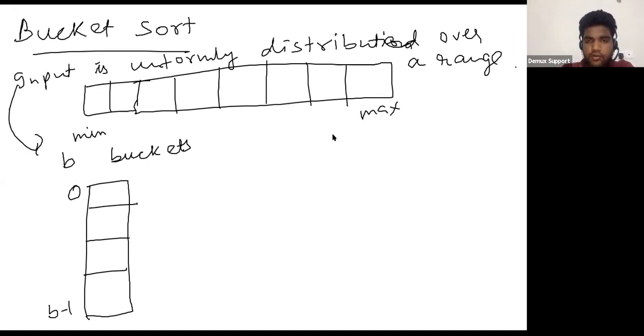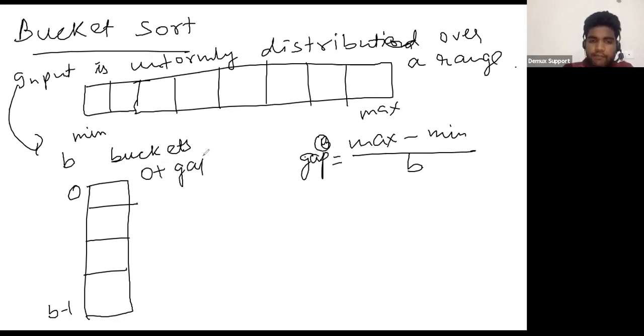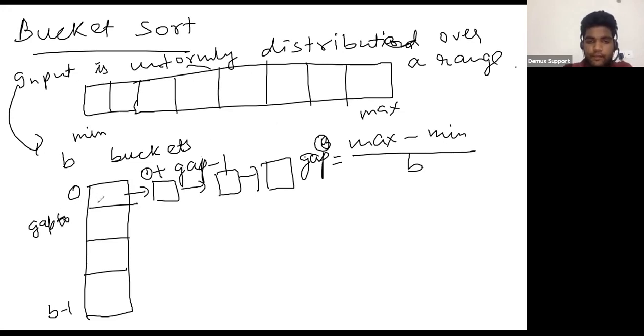Max minus min upon B will give me the gap, the range. So from 0 to gap minus 1, all the numbers will be here. Then again, gap to 2 into gap minus 1, the numbers will be here, and so on.